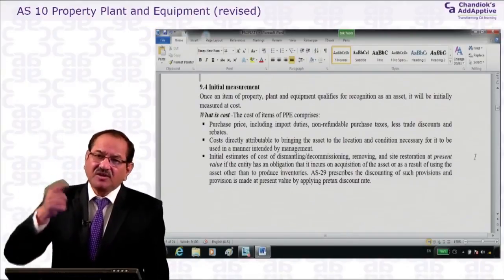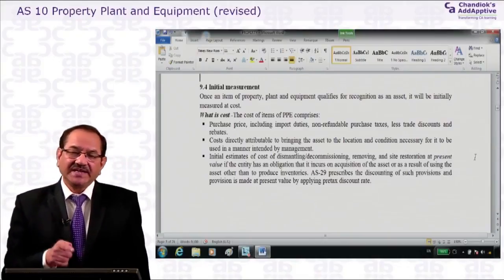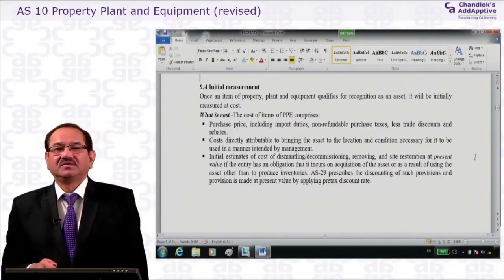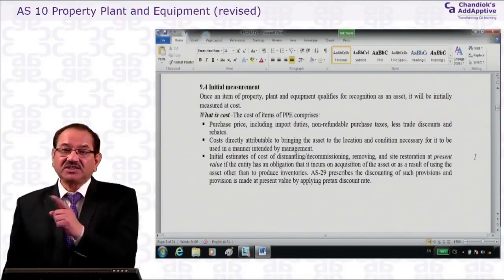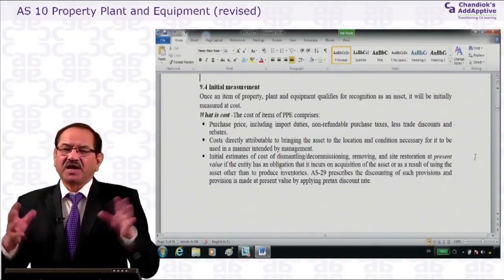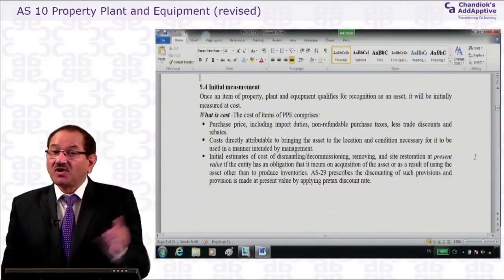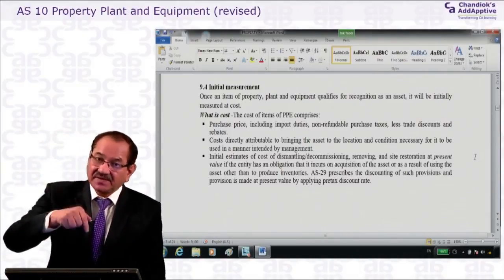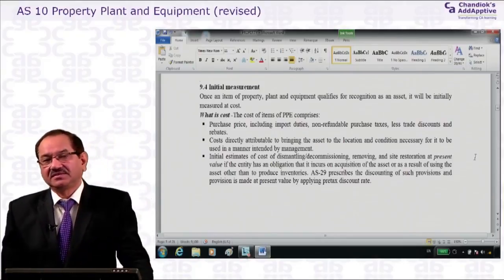So the present value of the 10 crores to be paid after 30 years, today in 2000, is only 3 crores. So your total cost of the factory project will be the 50 crores which you have already incurred on the plant and machinery, land and building, plus 3 crores, not 10 crores, 3 crores. It says the initial estimate at present value, and that's the most important difference here.